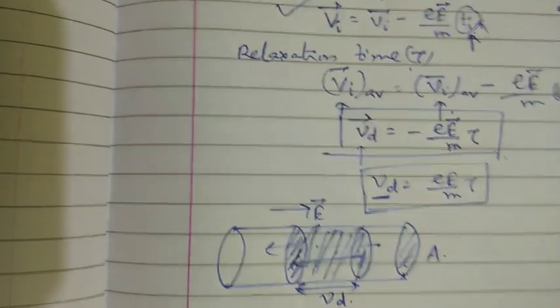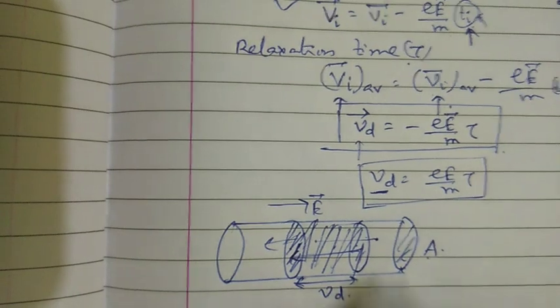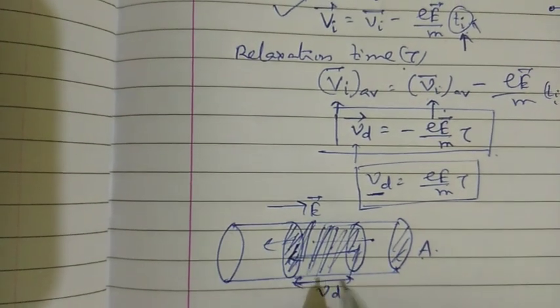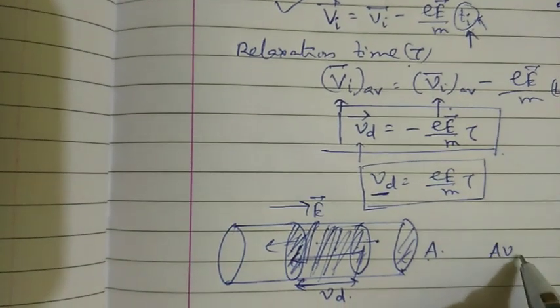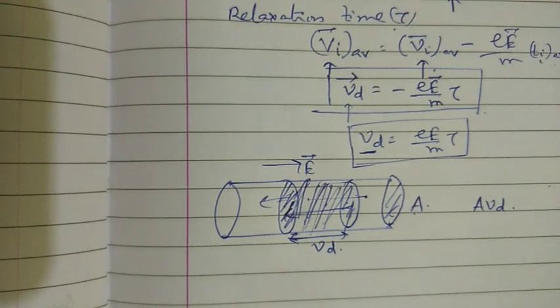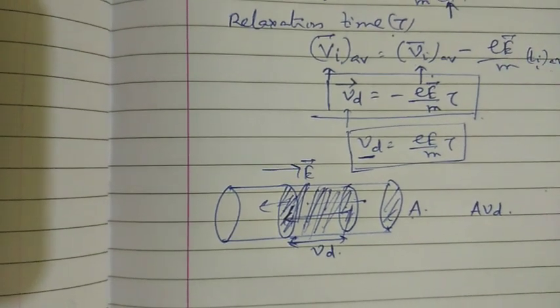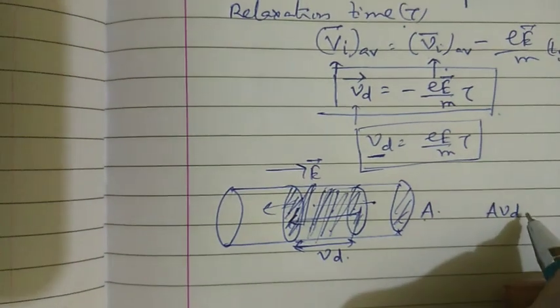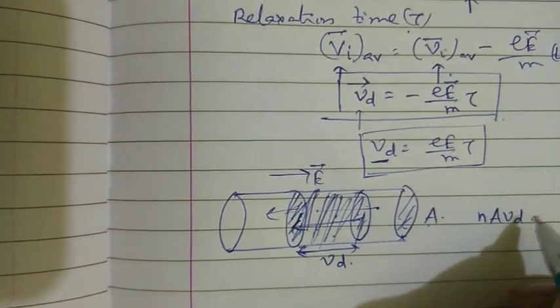Now if the area of cross section is A and this distance is Vd, the volume of this is A into Vd. Now assume that in unit volume there are small n number of electrons. So the total number of electrons inside this is nAVd, d in suffix.